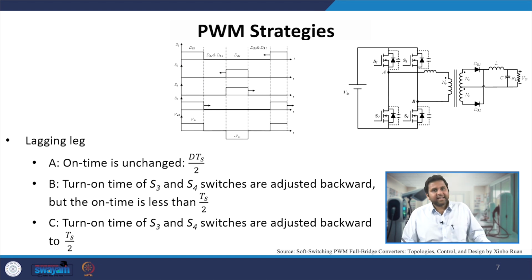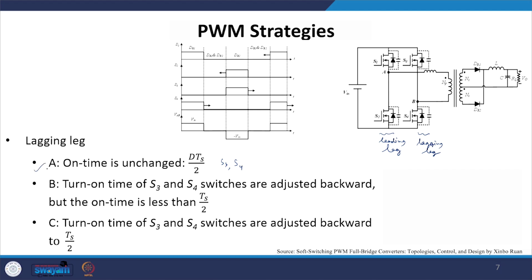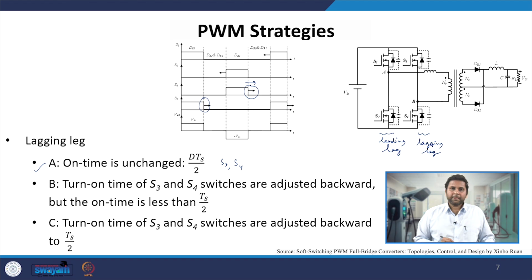Similarly, in the lagging leg case, here this is the leading leg, and this is the lagging leg. In this case, for the lagging leg switches, which are S3 and S4, you are not changing anything, and that makes the first possibility: the turn on time remains the same. The second thing, you are adjusting the falling edge, or the turn on time of S3 and S4, in the backward direction, such that the turn on time is still less than Ts by 2.